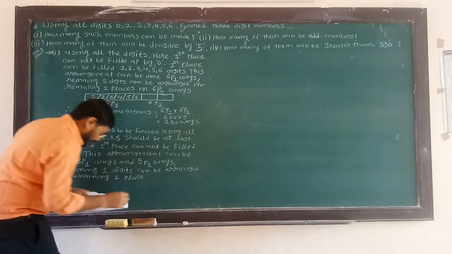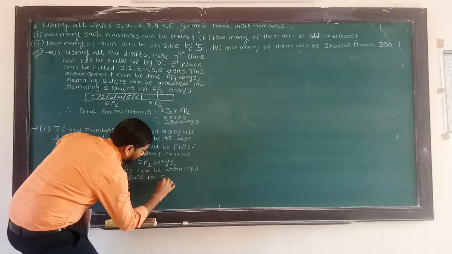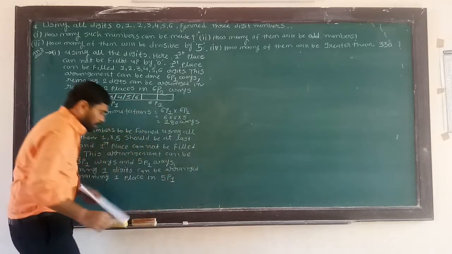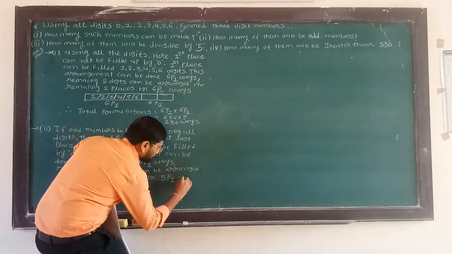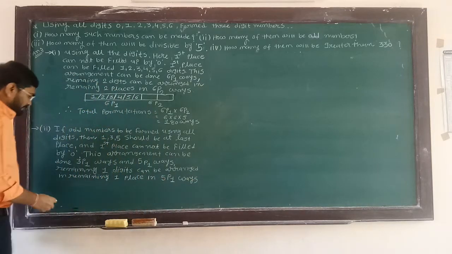See the students, the remaining numbers are put at the middle place. So we have 5 numbers remaining. So we write here 5p1 ways.